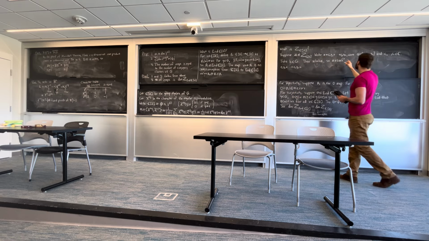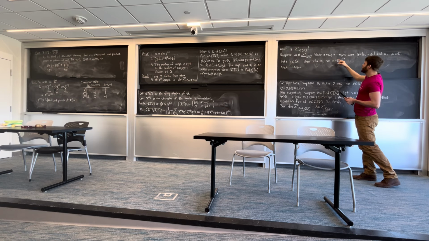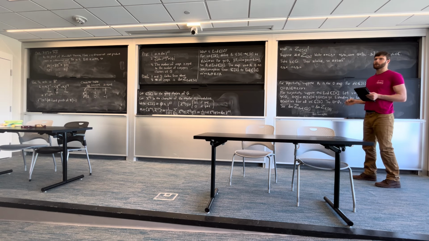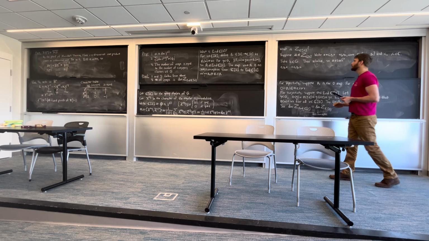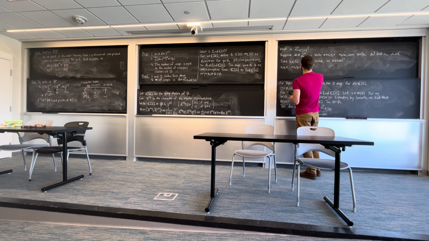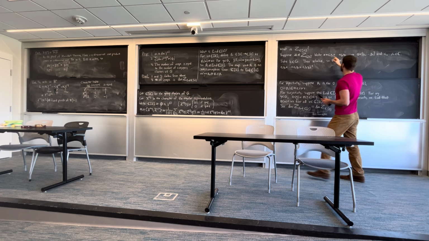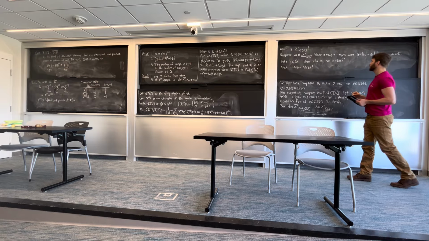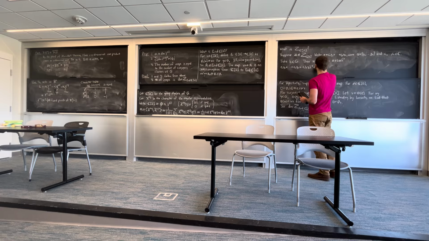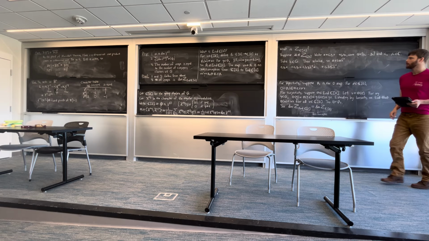If I conjugate this by H, that's just going to conjugate each individual term by H. So I'm just going to get C1 H G1 H inverse, that's this term conjugated by H, plus all the other terms, and I get this one, Cn H Gn H inverse. Okay?